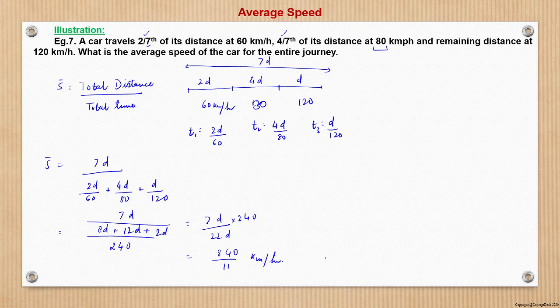So this is the way we can simplify or save a bit of time by being a bit extra smart.